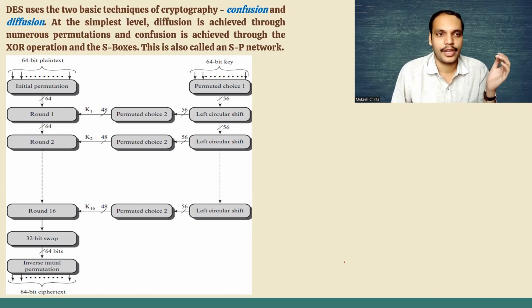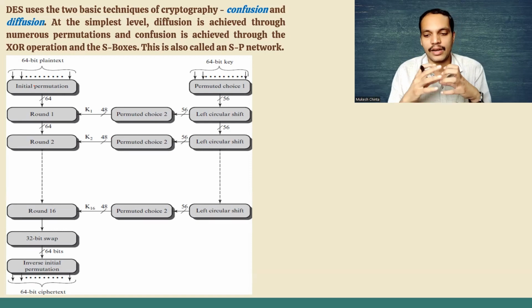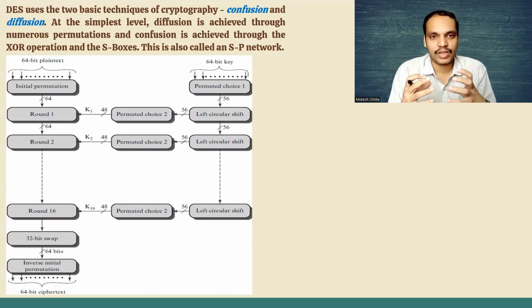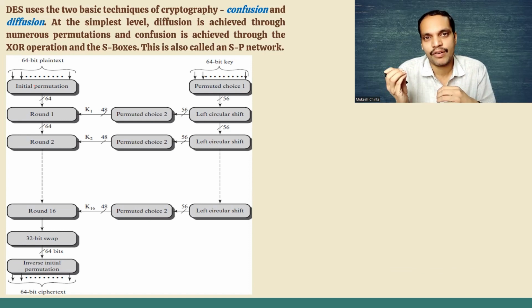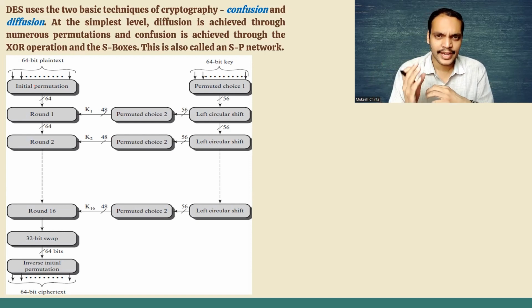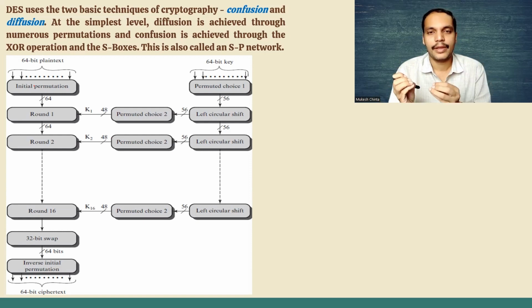The second property, called diffusion, hides the statistical relationship between the plain text and the ciphertext. In other words, if you change even one bit in the plain text, there must be a considerably huge change in the ciphertext. Any patterns of redundant bits or observable patterns in the plain text should not be apparent in the ciphertext to an attacker.